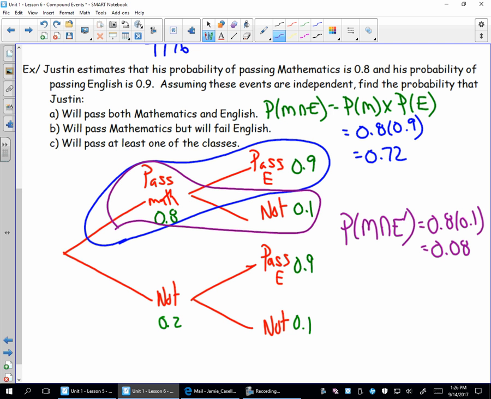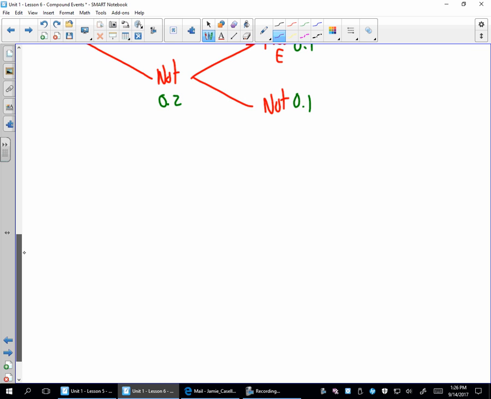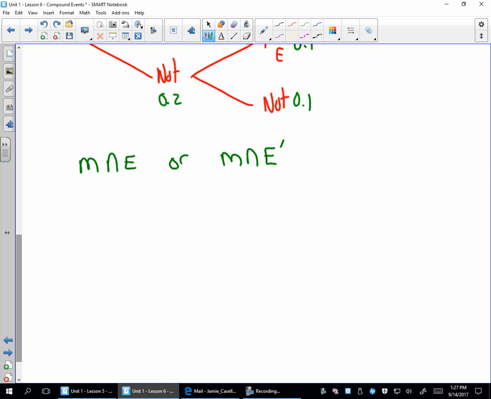And then the last one will be pass at least one of his classes. Let's talk about this last one for a second. Passing at least one of his classes means we have more than one situation. He could pass math and English, pass both, or he could pass math and not get English, or he could not pass math and get English.